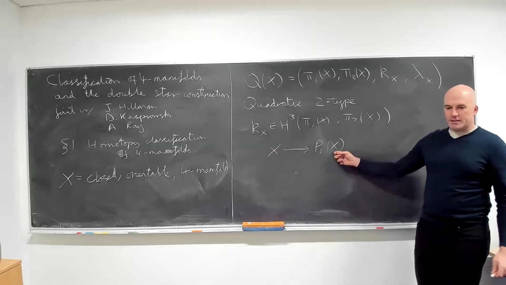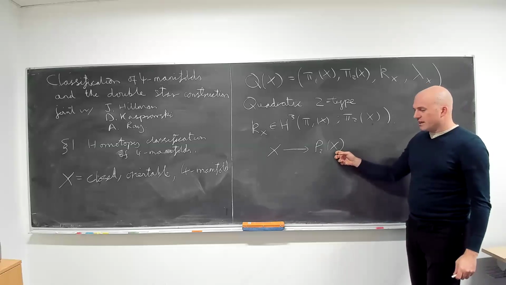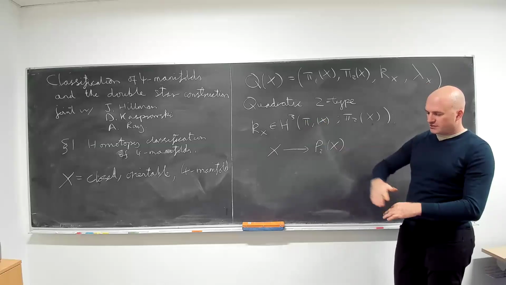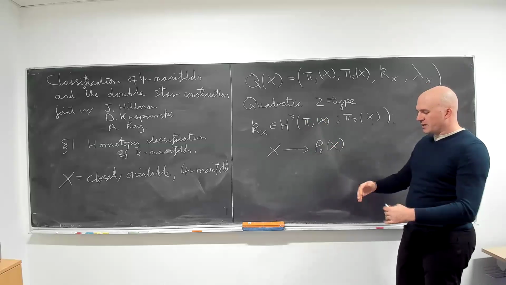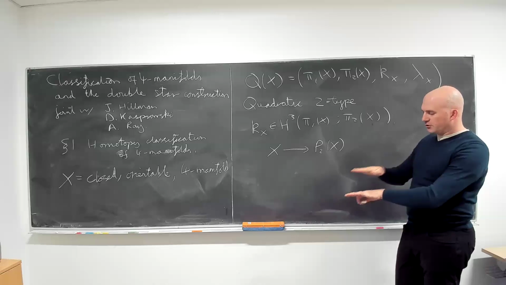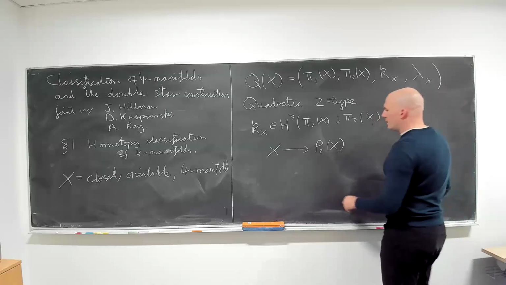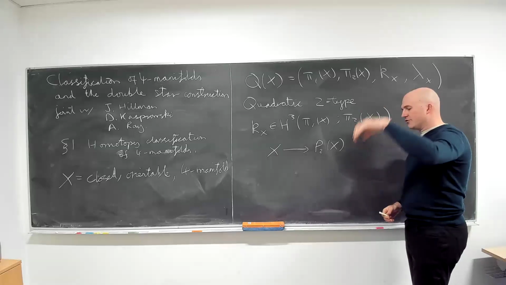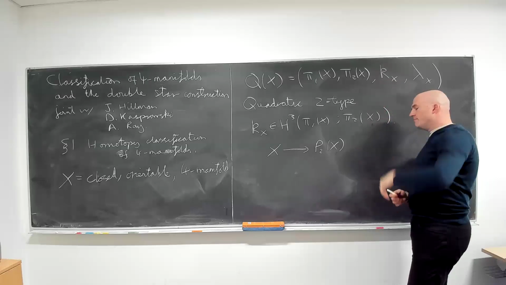This is a space that has non-vanishing homotopy groups in degrees 1 and 2, and all the rest of the homotopy groups, pi_3, pi_4, etc., are all 0. So it's a bit like an Eilenberg-MacLane space, but it has non-vanishing homotopy groups in dimensions 1 and 2, but nowhere else. You can make one of these things by taking your given X and adding on cells iteratively to kill the higher homotopy groups, one at a time.